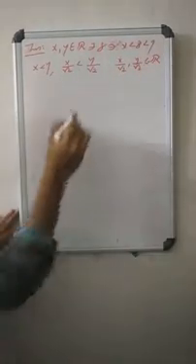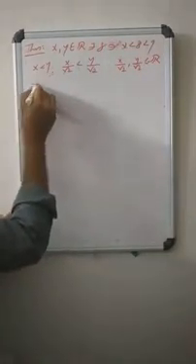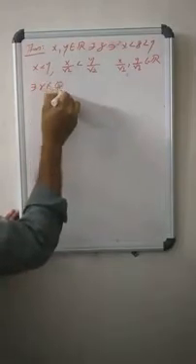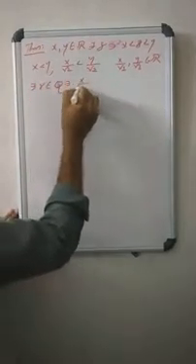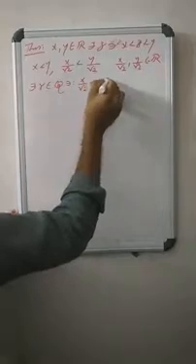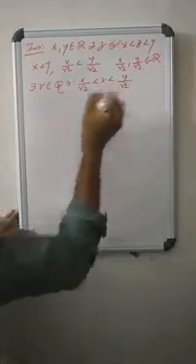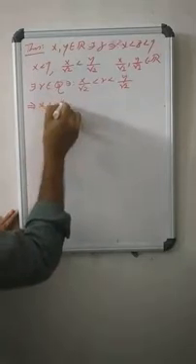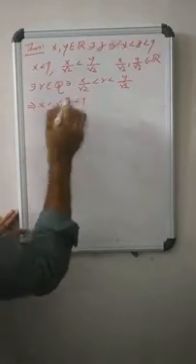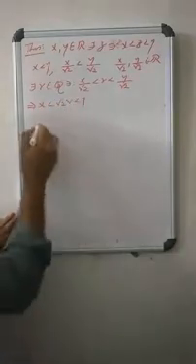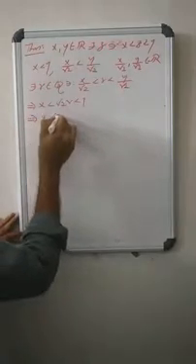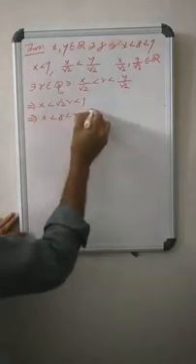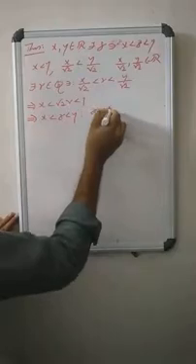Then by the density theorem of rational numbers, there exists a rational number r such that x/√2 < r < y/√2. That means x < √2·r < y. So x < z < y, where z = √2·r.